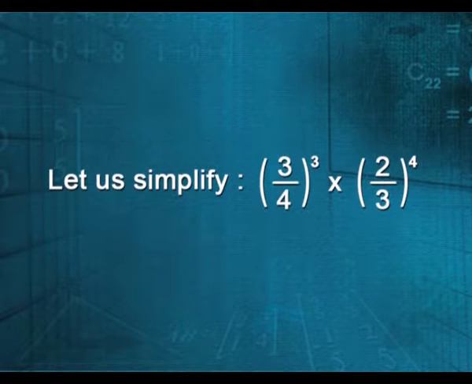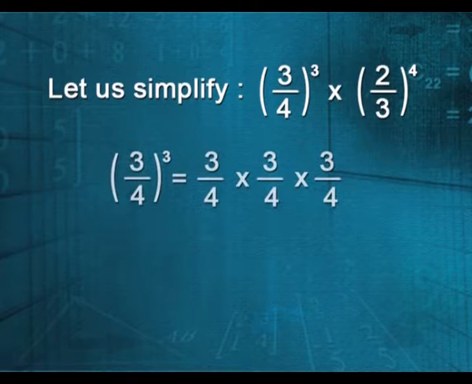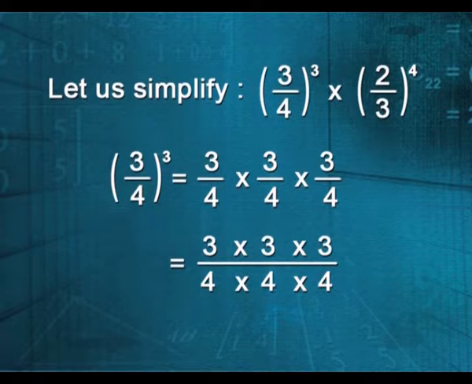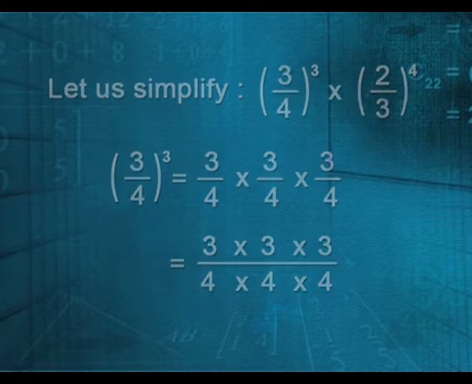Let us simplify some of the numbers. Suppose you have been given 3 by 4 raised to power 3 multiplied by 2 by 3 raised to power 4. We want to write this expression in simplified form. First of all, we will evaluate 3 by 4 raised to power 3. It is equal to 3 by 4 multiplied by 3 by 4 multiplied by 3 by 4, 3 times, which is equal to 3 into 3 into 3 divided by 4 into 4 into 4.